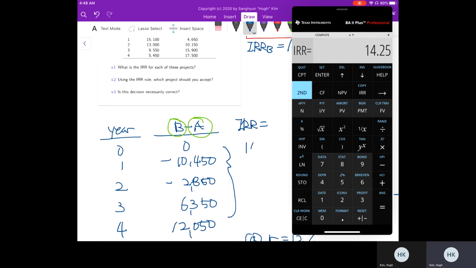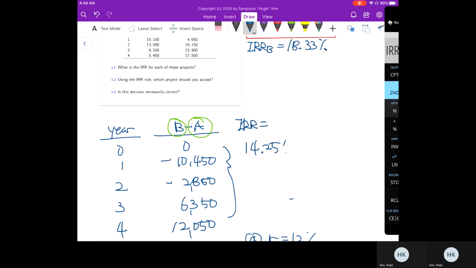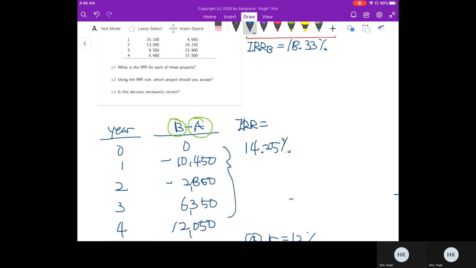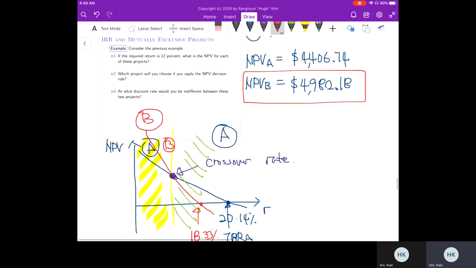The IRR is 14.25%. So this is the crossover rate. In this case, the crossover rate is 14.25%.